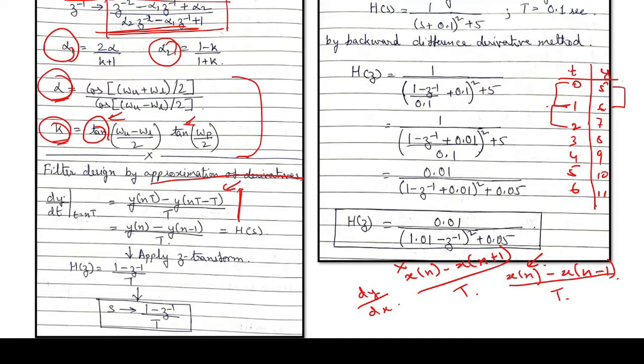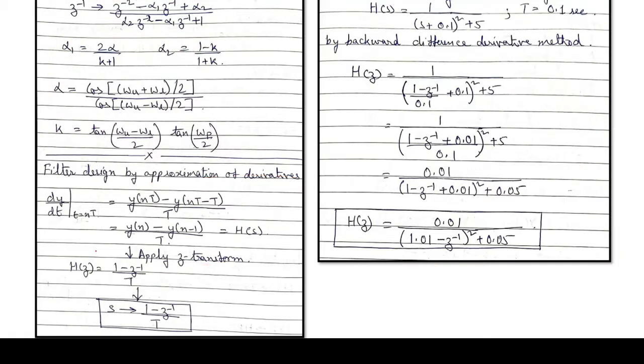So dy by dt at t equals nT is equal to y of nT minus y of nT minus T, divided by T. This is the H(s). If we apply the z transform here, our H(z) would be 1 minus z inverse divided by capital T. So from here, s is transformed to 1 minus z inverse divided by T. Now if you look into the numerical, convert an analog bandpass filter to a digital filter by the backward difference derivative method.